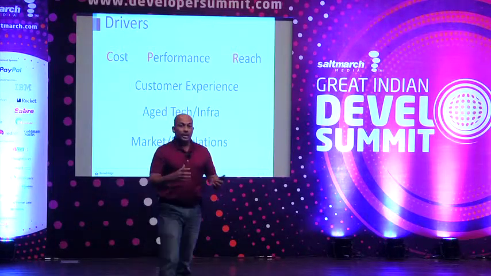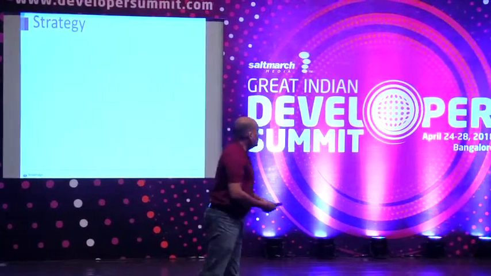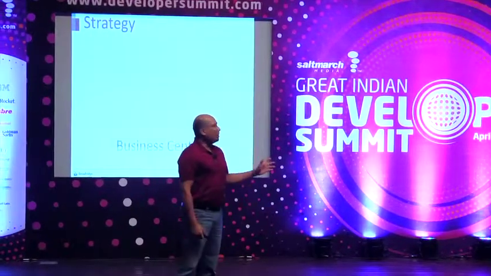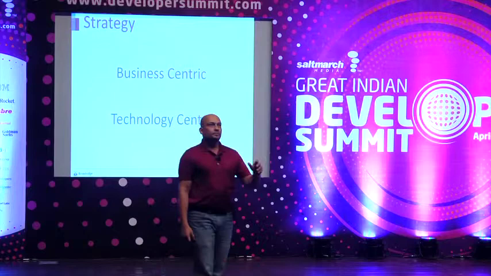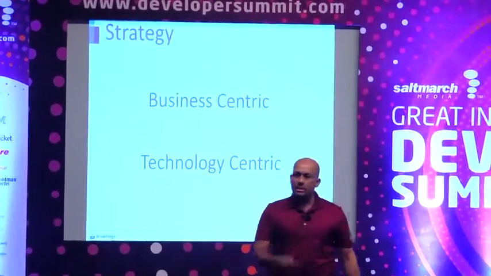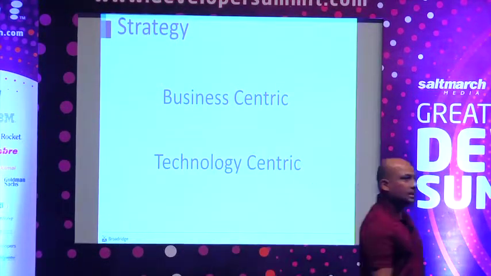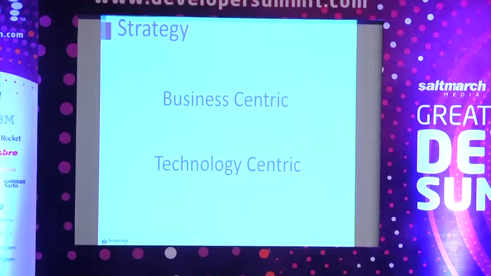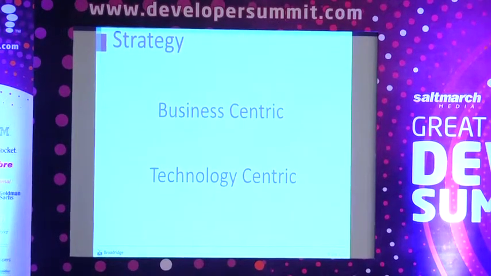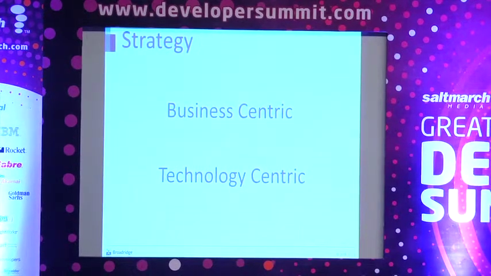So with that, we can combine many of these. We talked about some of the drivers, and now the strategy we want to pick. A lot of companies that we deal with are either technology-centric or business-centric. For some, technology is very important, because their motive to reach the people is the technology.